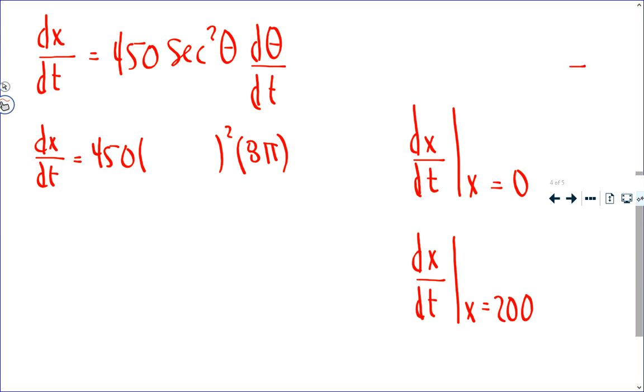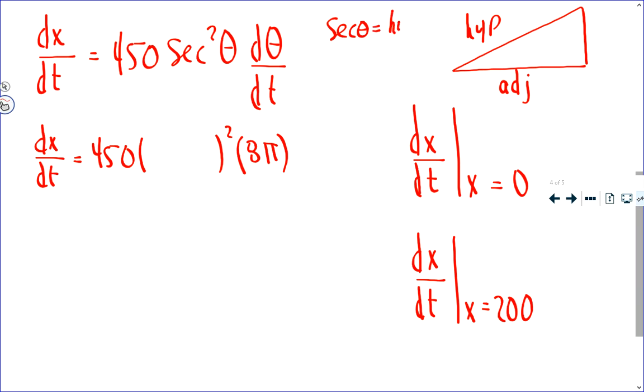And if we had a triangle which looked like this is the hypotenuse and this is the adjacent. Cosine is adjacent over hypotenuse, so secant is hypotenuse over adjacent. This is going to be useful for both of our problems. Secant will be the hypotenuse over the adjacent.